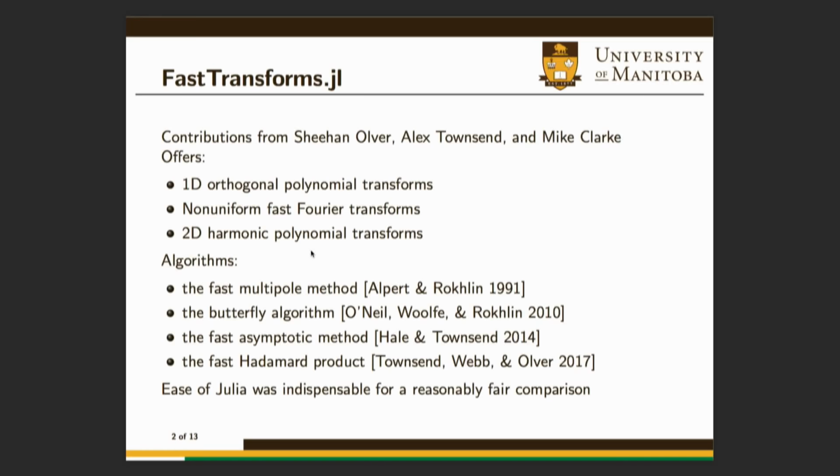So the fast multipole method, for instance, has been generalized and used throughout essentially integral equations, boundary integral equations, and many other different applications, eigenvalue problems. But in terms of orthogonal polynomial transforms, it actually has very little pre-computation, so it's extremely competitive. But all of these algorithms have different characteristics.